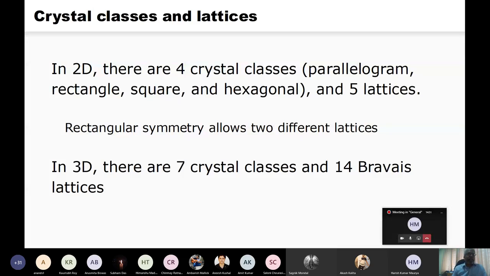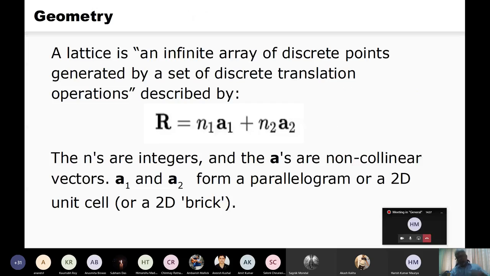Okay, a bit about geometry. Whether it is 2D or 3D, a lattice is essentially, this is a definition that I took from Wikipedia, an infinite array of discrete points generated by a set of discrete translation operations. What it means is that if you start with a point and you translate that point and generate all these other points using this vector r, which is defined in this fashion, n1a1 plus n2a2, where n1 and n2 are integers and a1 and a2 are non-collinear vectors.